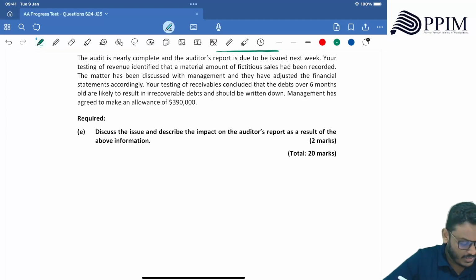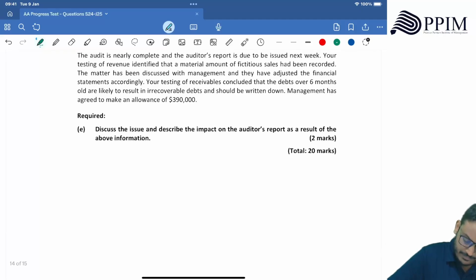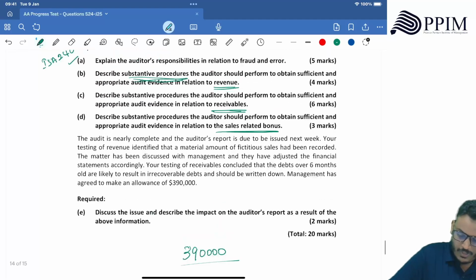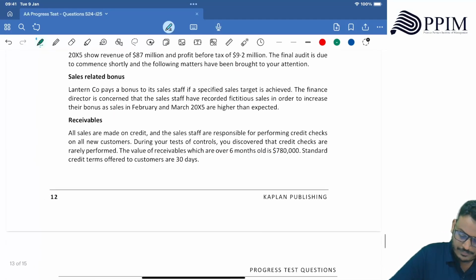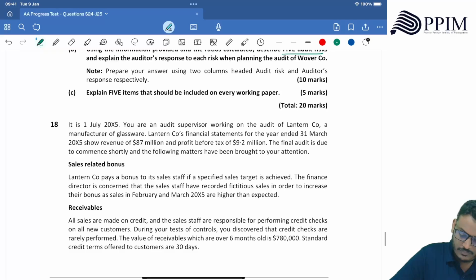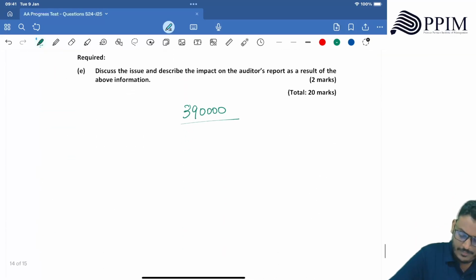So if you take the receivables overstated, this is the additional allowance, and here, 390,000 is the allowance, whereas PBT is 9.2 million, into 100.